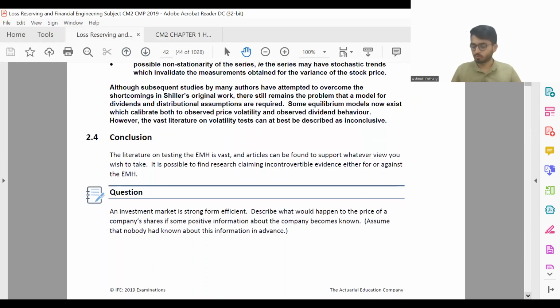Yes, in the conclusion, this question we'll just go through once. An investment market is strong form efficient. Describe what would happen to the price of a company's share if some positive information about the company becomes known. Read the question again.